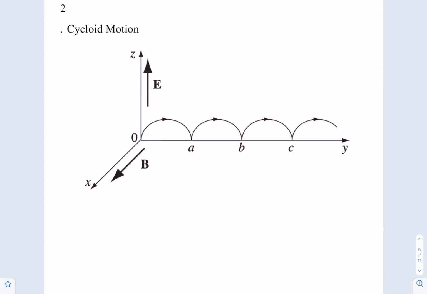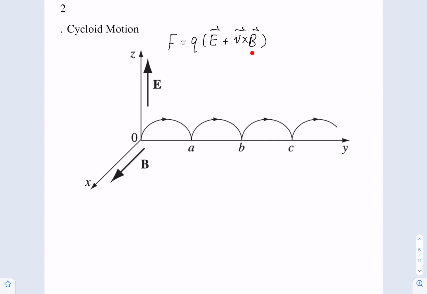So the full form of the Lorentz force is equal to Q times E plus V cross B. So remember that here it is V cross B instead of B cross V.